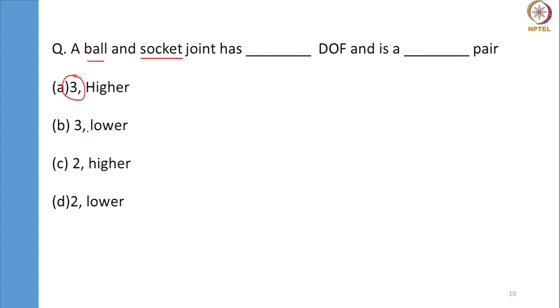So it is not a higher pair, it is a lower pair. So the correct answer is B. It has 3 degrees of freedom, x, y, and theta, and is a lower pair, not a higher pair. The participants who answered A and C, they need to correct that. Okay.